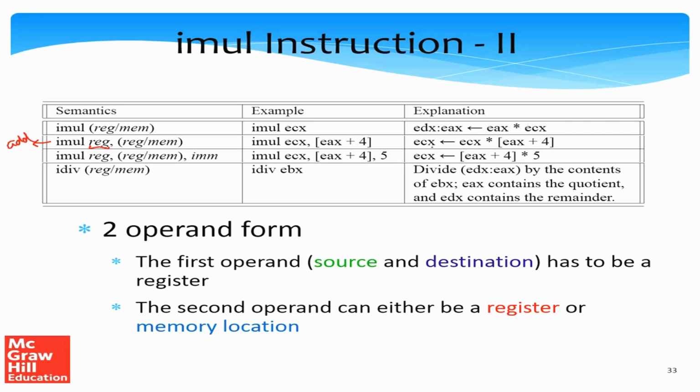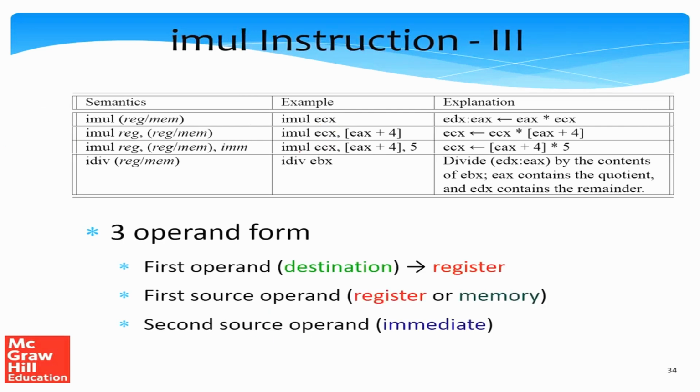But we'll not save a 64-bit product. We will simply take the first register, which in this case is a source as well as a destination, as has been the case for other ALU arithmetic logical instructions. So we take the first and second sources, multiply them and save them at the location of the first operand.